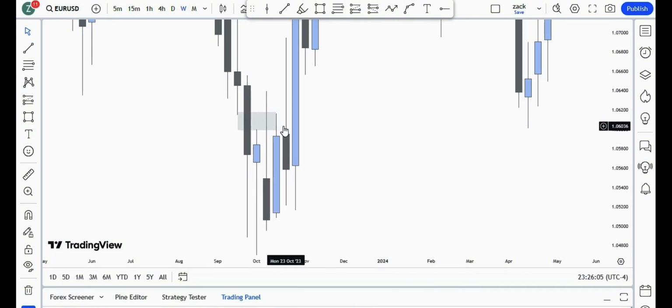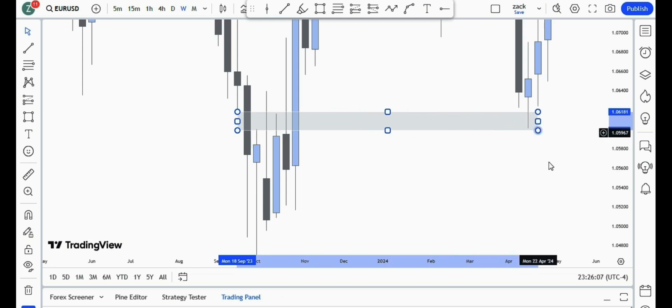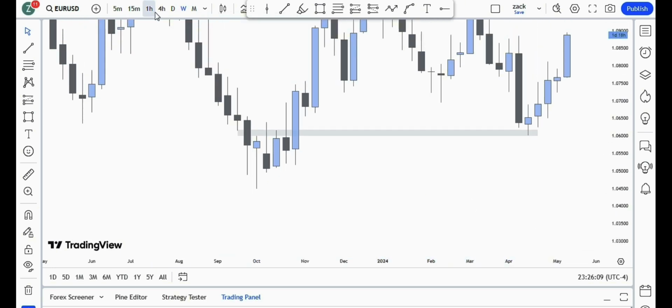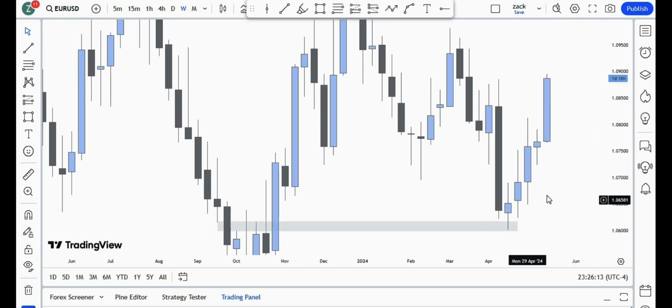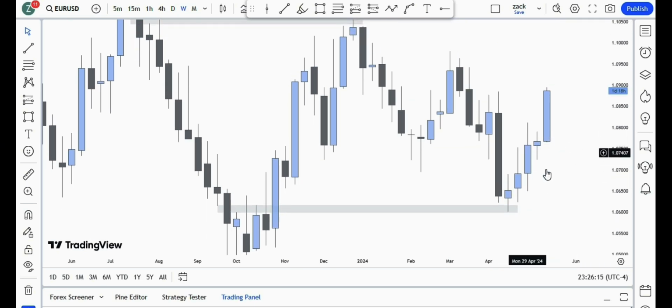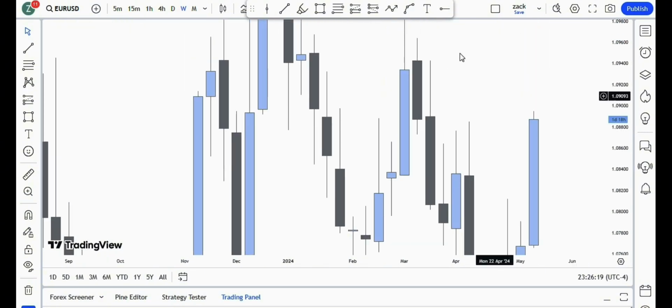You can see, boom. Imagine the weekly time frame. It kept on going up. And before it stopped here, what happened before? There's a gap, one, two, three.